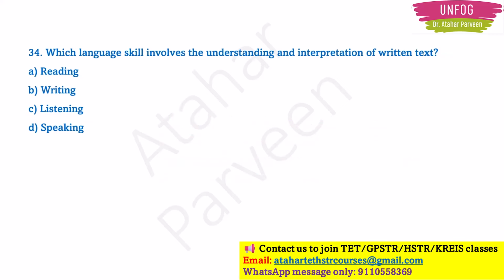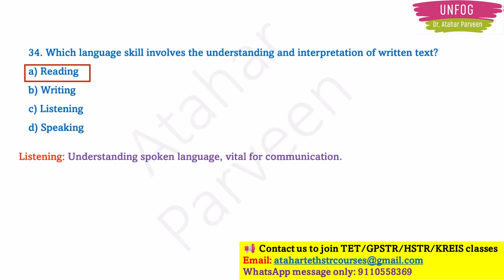Next question. Which language skill involves the understanding and interpretation of written text? How can you understand and interpret a text which is already written? You can do it by reading, right? So this is the language skill with which you can understand and interpret written text. So what are the other language or communication skills? Reading, writing, listening and speaking.